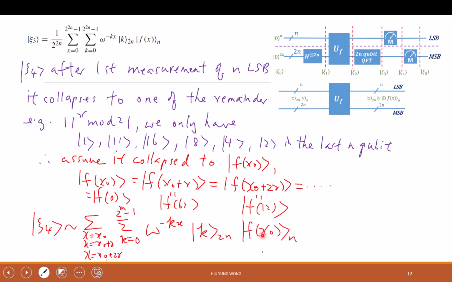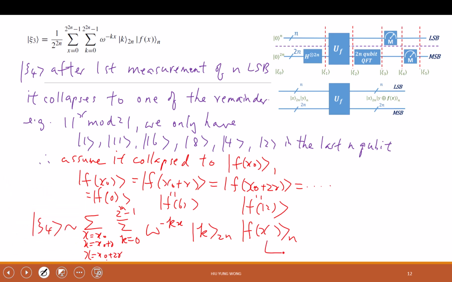This actually is f of x0, f of x0 plus r, f of x0 plus 2r, but I'll call it f of x0 because they are the same. Maybe it's better I call this f of x.